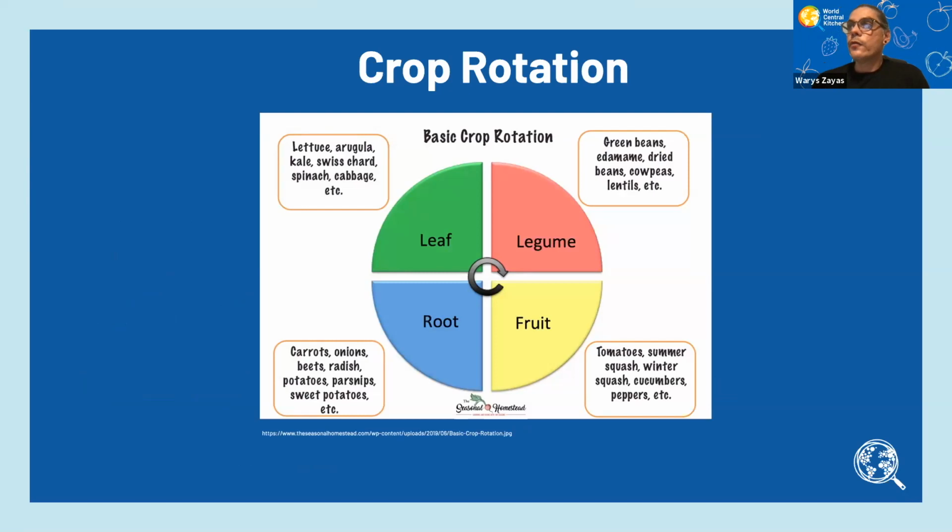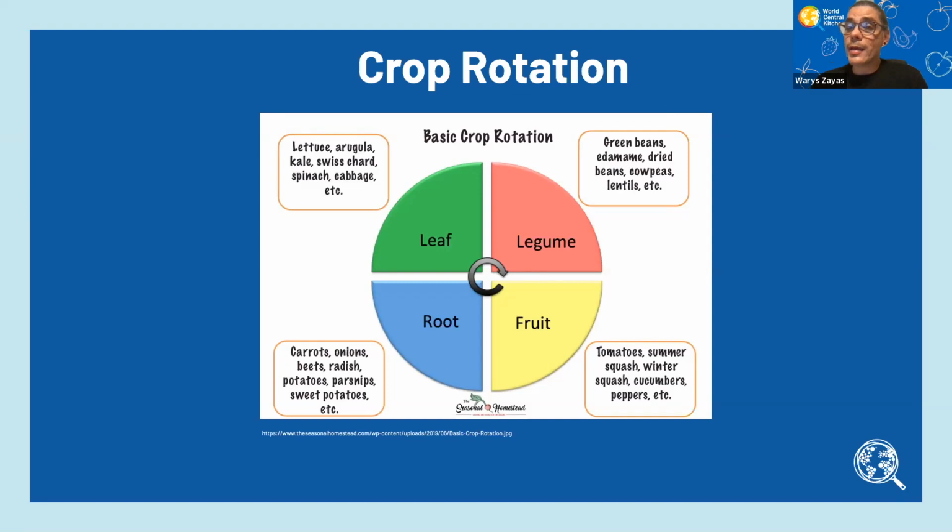If in the blue you have root vegetables and in the green you have leaf crops, in the next cycle the roots will go where the leaf was, always clockwise. This is the simplest way to plan your harvest using crop rotation. As I just mentioned, please change the families from plot to plot. That's an integral part of this.